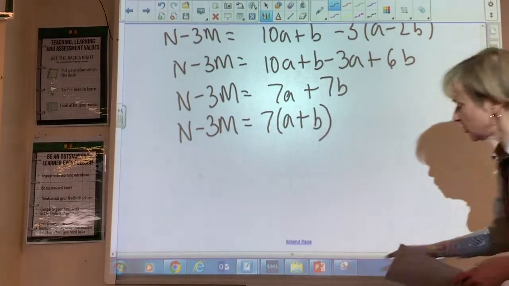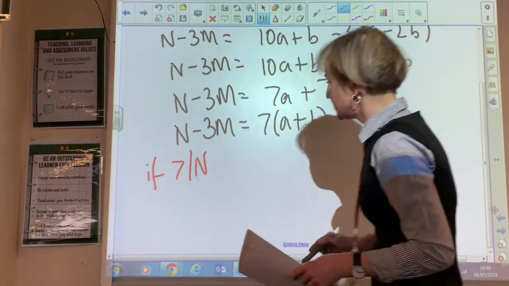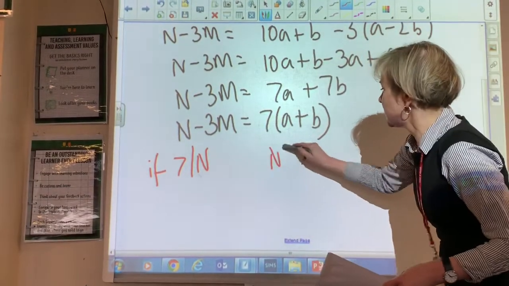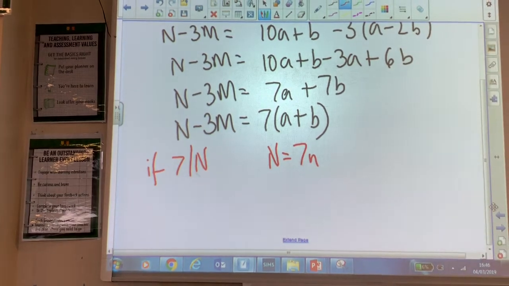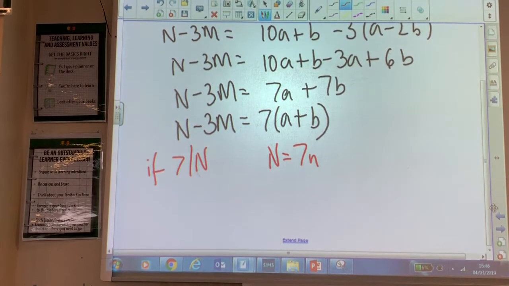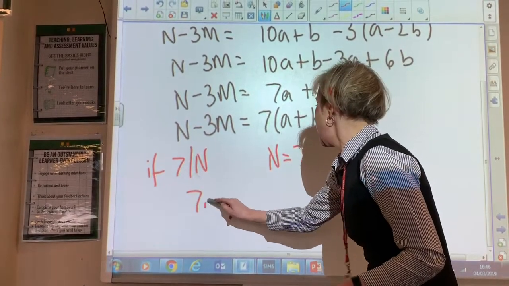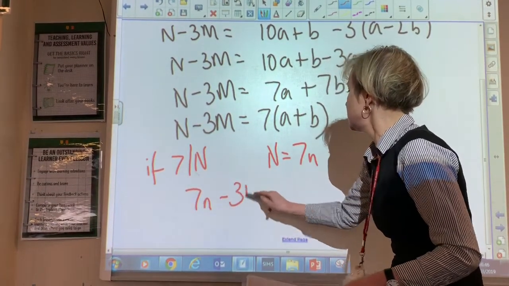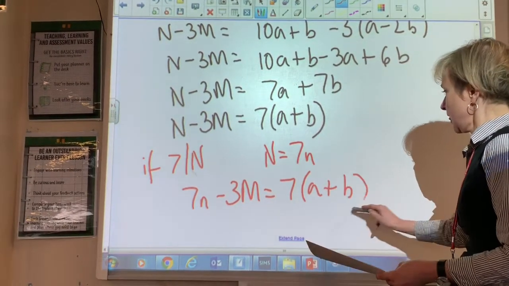First of all, let's assume n is divisible by 7. We would then say that n is a multiple of 7, 7k, using a different letter where k is an integer. So I know that 7k minus 3m is 7a plus 7b.